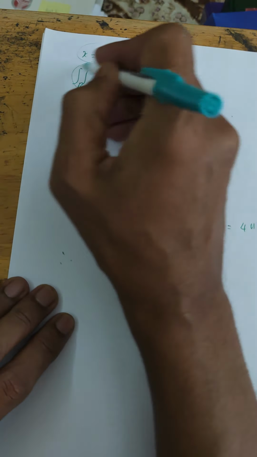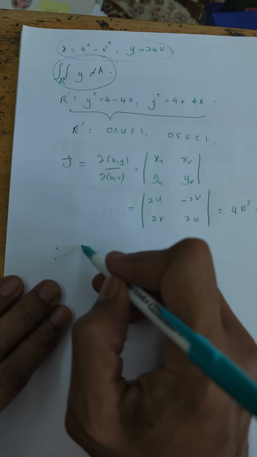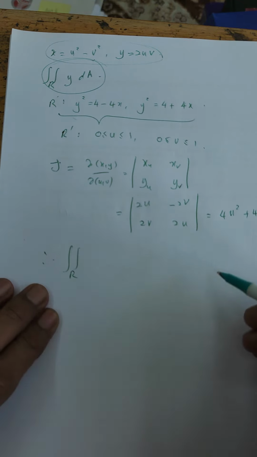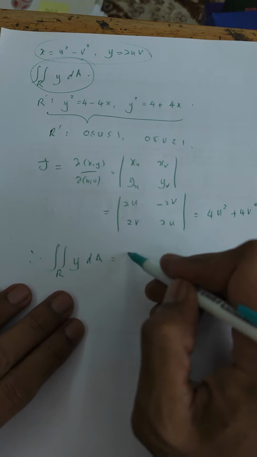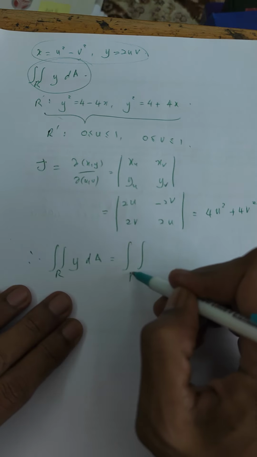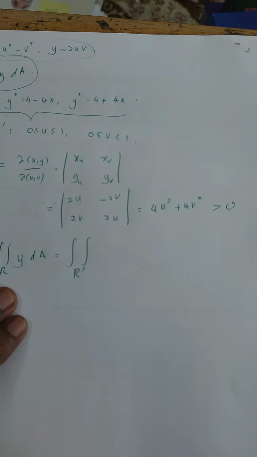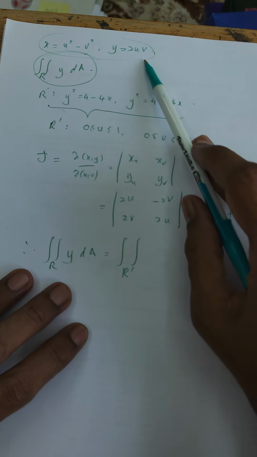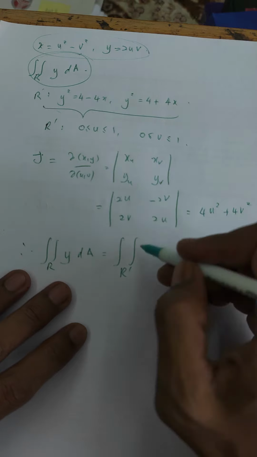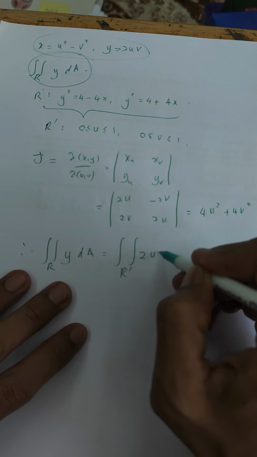to evaluate the integral over R of y dA, we can write this as an integral over the new region R prime. Our y is equal to 2uv, so you just substitute there: 2uv.